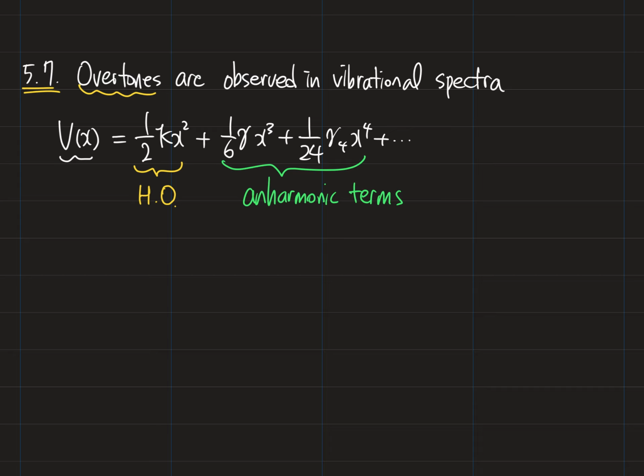When these anharmonic terms are included in the Schrödinger equation, we are not going to solve it here, but with the inclusion of the anharmonic terms, we get a more accurate energy for the vibrational energy levels.